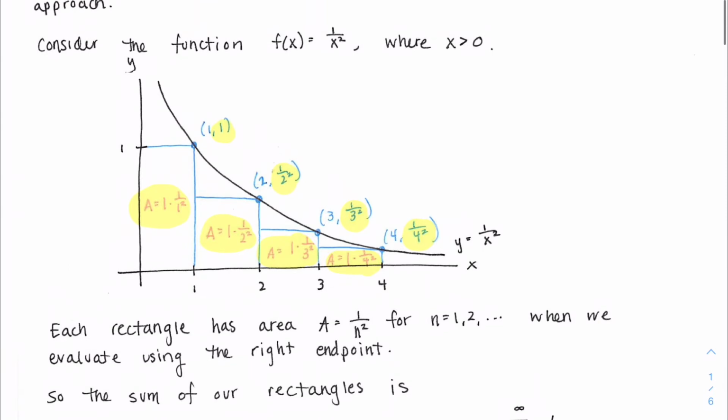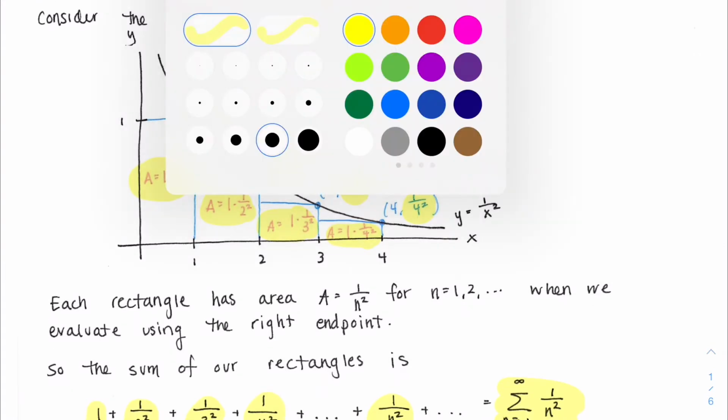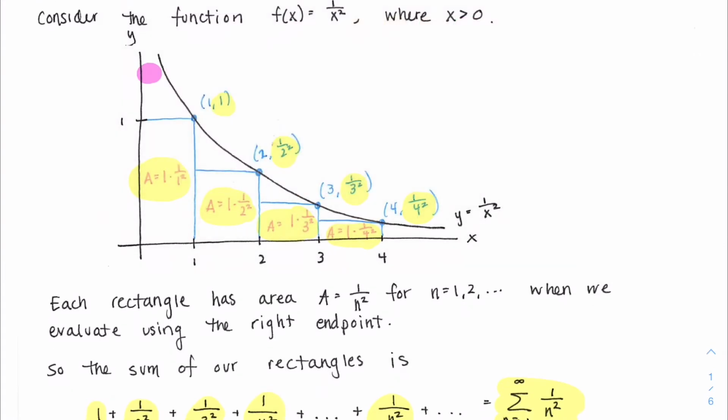So if you add up all of the areas of these rectangles, you get the first one as an area of 1, then the next term, the next term, the next term, and eventually the sum of these rectangles is exactly the series that we started with. But the nice thing is the sum of our series is actually smaller. We've got all of this extra space up here.